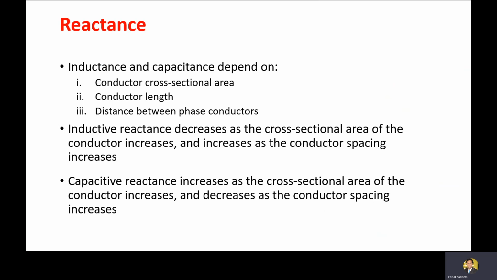Inductive reactance decreases as the cross-sectional area of the conductor increases and increases as the conductor spacing increases. Whereas the capacitive reactance increases as the cross-sectional area of the conductor increases and decreases as the conductor spacing increases.